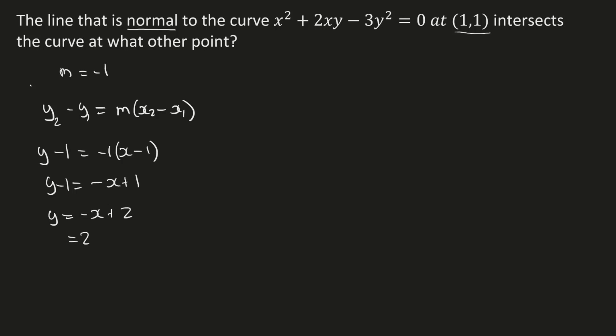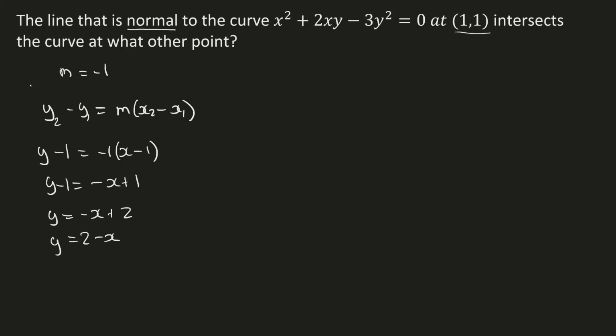You can write this as 2 minus x, or you can write this as minus x plus 2. So now we have the equation of the line that's normal to the curve, and they're asking at what other point it intersects. They mentioned that (1, 1) is one point where the normal intersects the curve. They're asking for the other point.